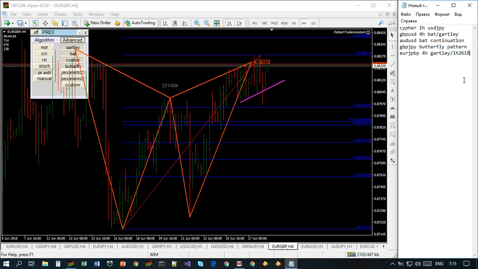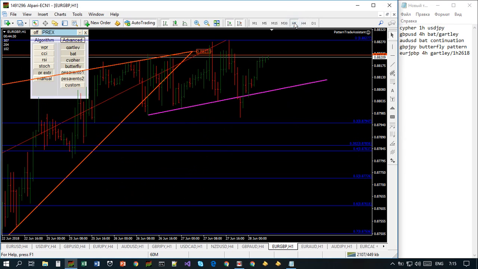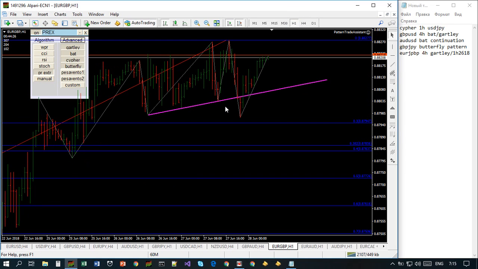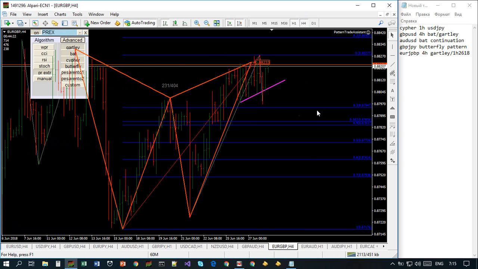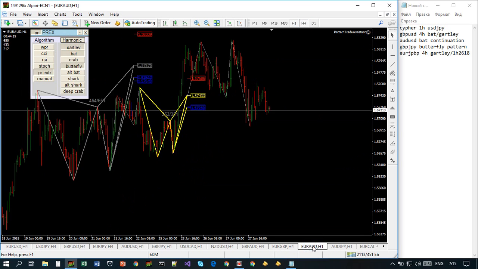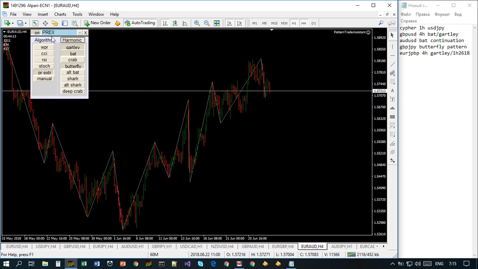Oh, here's the code. Gartley and 2618. As far as the 1 hour goes, let me switch this on, and we have no patterns, no harmonic, no advanced patterns. Okay, let's go next. Euro Aussie. Harmonic patterns, advanced patterns, 4 hour, harmonic patterns, advanced patterns.